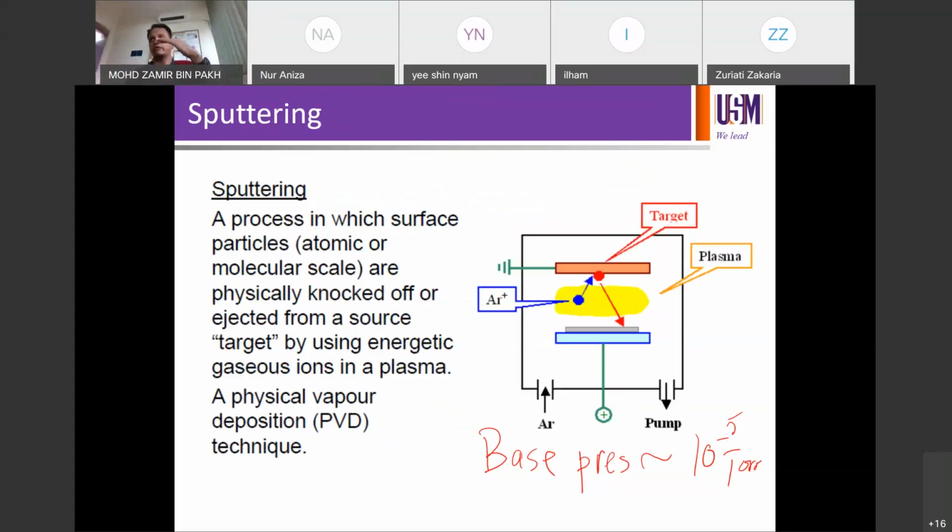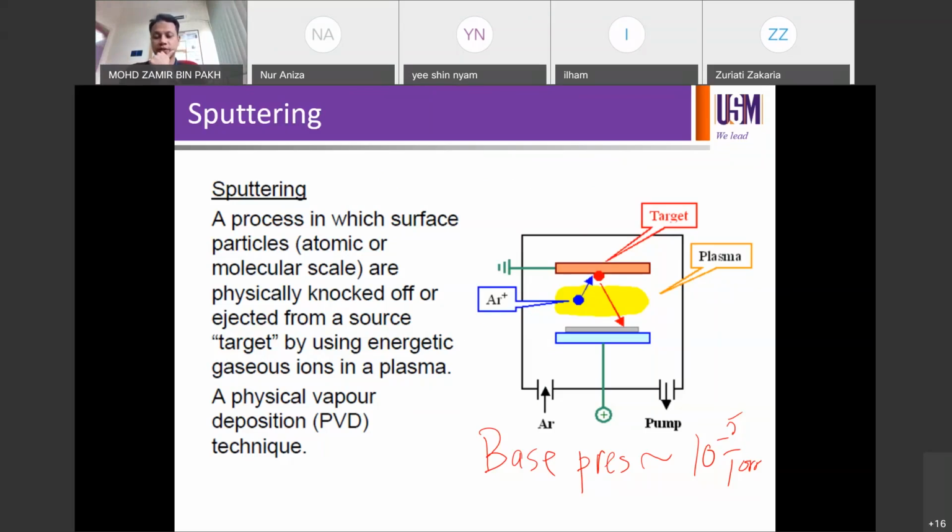The moment you have reached your base pressure, you need to inject the gas. The moment you inject the gas, what do you think will happen to the pressure? Now you are at 10^-5, then you inject argon gas before you initiate plasma, because we need to create plasma. What happens to the pressure? Will it be maintained, increase or reduce?